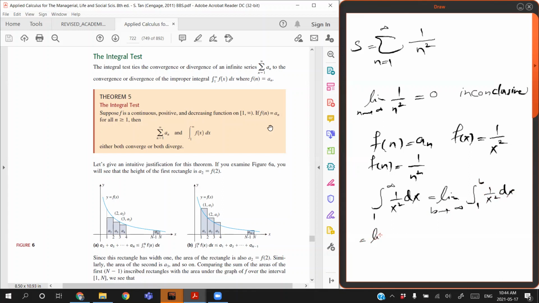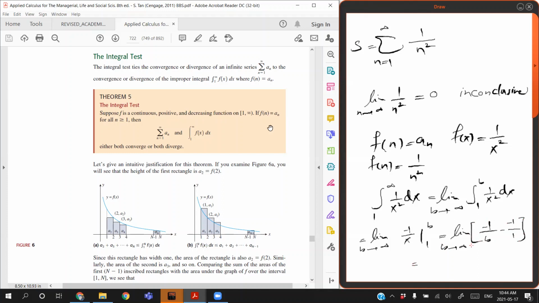That's going to be the limit as b goes to infinity of, okay, the antiderivative of 1 over x squared is negative 1 over x. It's negative 1 over x from 1 to b. That's going to be the limit as b approaches infinity of negative 1 over b minus negative 1 over 1.